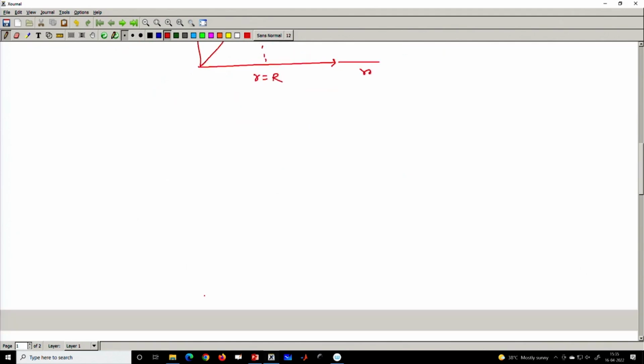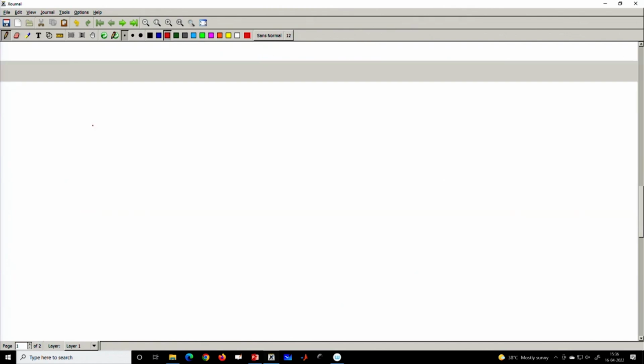Now, we jump to the next very important part. So, let me use a new page here. Here we first try to understand what the curl of the electric field is. Divergence of E, mind it, we already calculated.